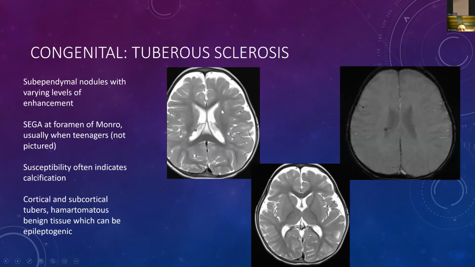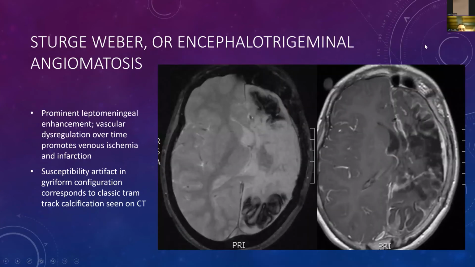This is Sturge-Weber, or encephalotrigeminal angiomatosis, and what you'll see is prominent leptomeningeal enhancement, which is produced due to vascular dysregulation, which promotes venous ischemia and infarction.